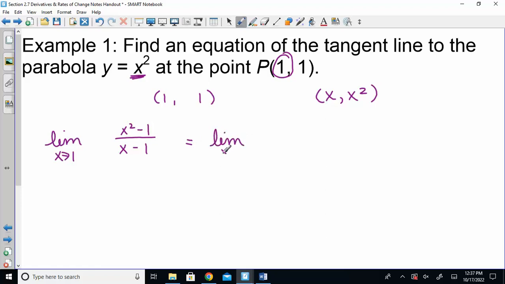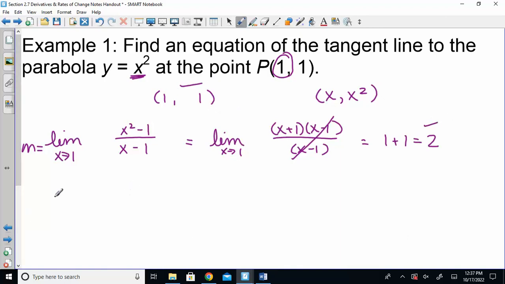The cancellation. What do we have to do before we cancel? Factor. So this is (x plus 1)(x minus 1) over x minus 1. So now those drop, which means now we can plug in, so we get 1 plus 1 equals 2. So this is the slope of my tangent line. I asked for the equation, so now we take our point and our slope and plug into y equals mx plus b.